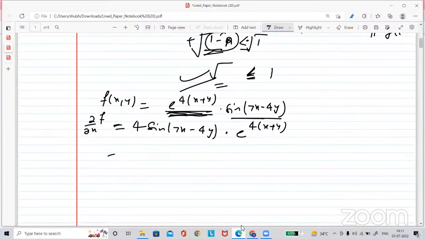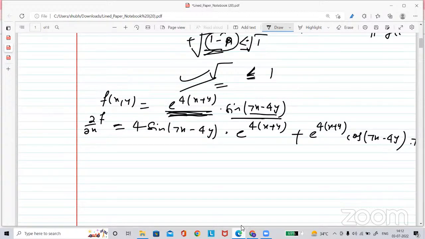And we need to add the next term: e raised to 4x, right, times cos of 7x minus 4y. The derivative of sine is cos, and the derivative of the inside is 7.